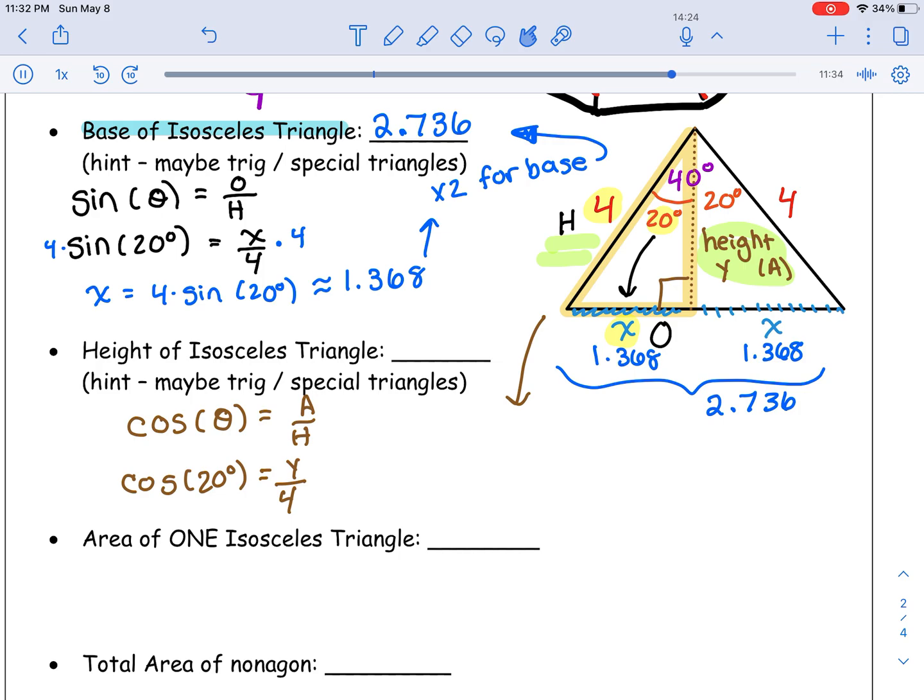Going to multiply both sides by 4. Y equals 4 times the cosine of 20 degrees. Pull up my calculator. 4 times the cosine of 20 degrees gives me approximately 3.759.